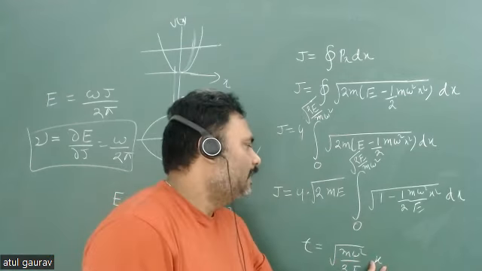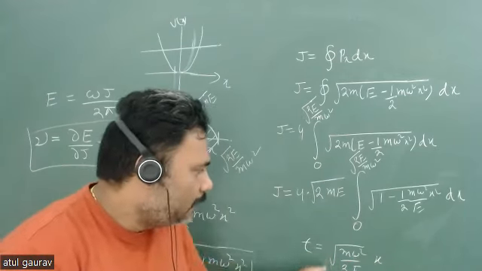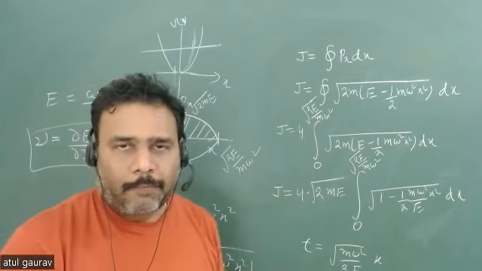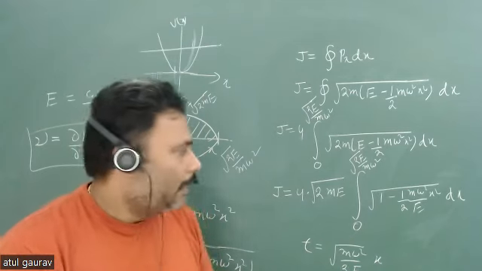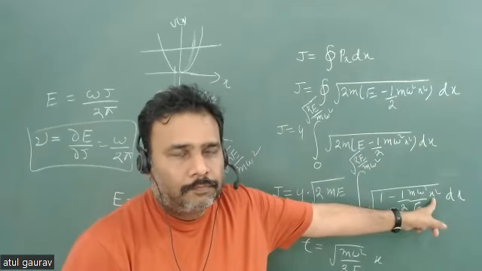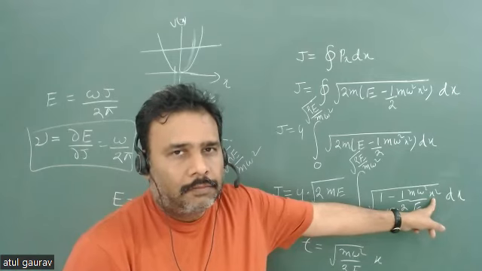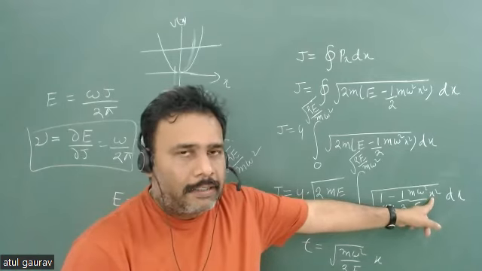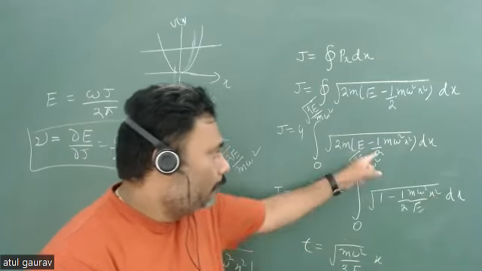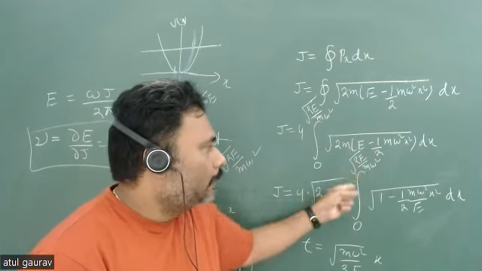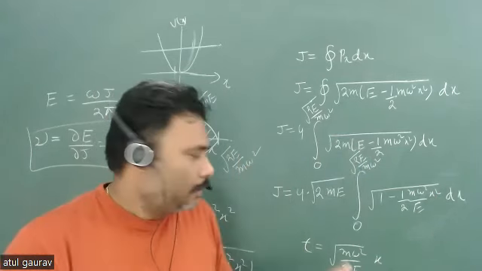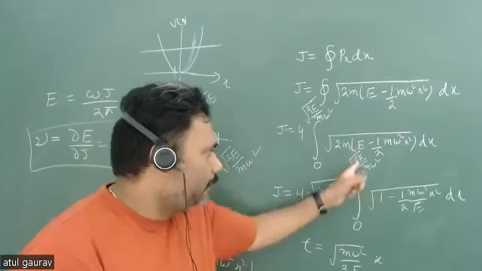You have to always keep x here, and accordingly you have to set this particular parameter such that this t will become dimensionless. Are you getting my point? Suppose if there were x to the power 4 here, what would happen? Anyone? If there were x to the power 4, what would we do? We would take m omega square upon 2E raised to 1/4, and then what would the limit be? 2E upon m omega square to the power 1/4. Are you getting my point? Right? So there will be a direct relationship between this point and this point.